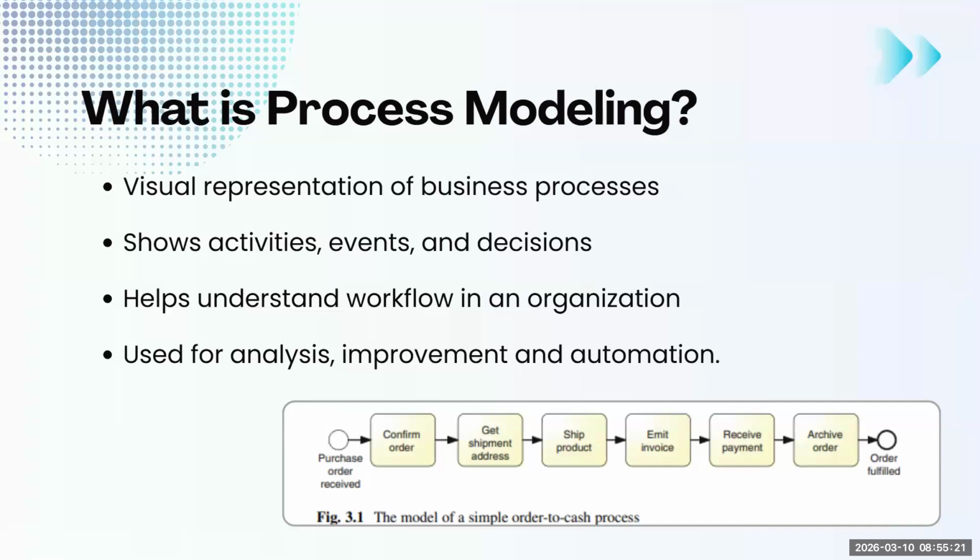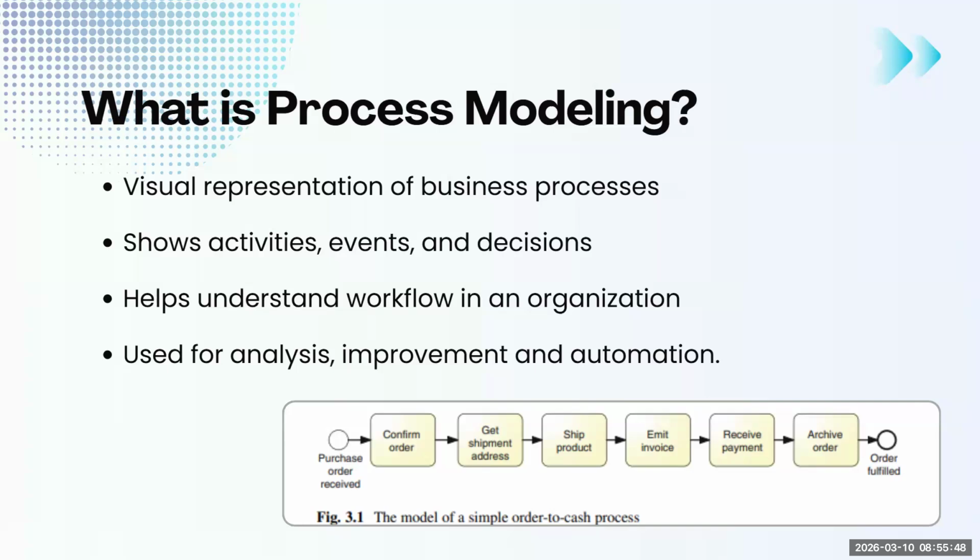What is process modeling? Process modeling is the visual representation of a business process, showing how different activities, events, and decisions occur within an organization. Instead of describing a workflow using long text documents, process modeling uses diagrams and symbols to make the workflow easier to understand.